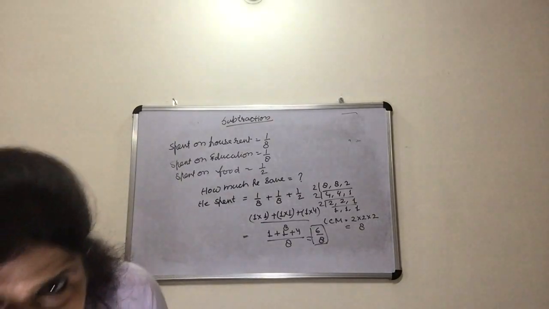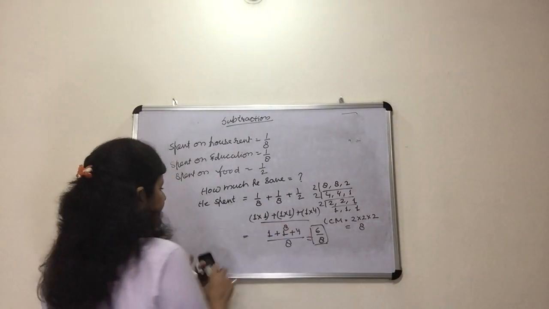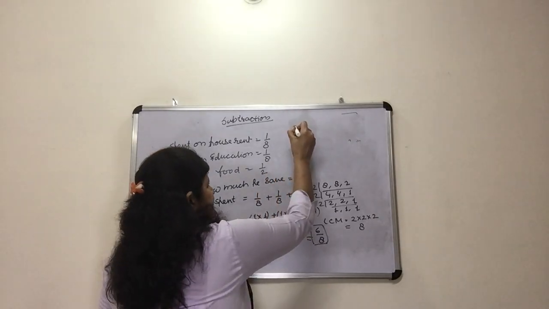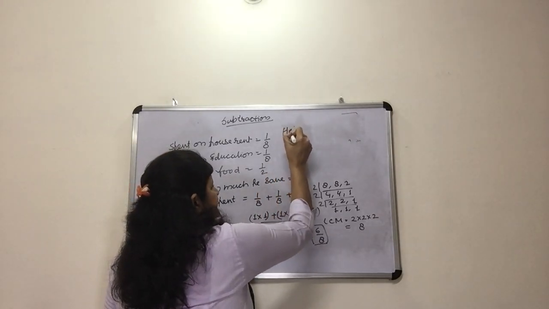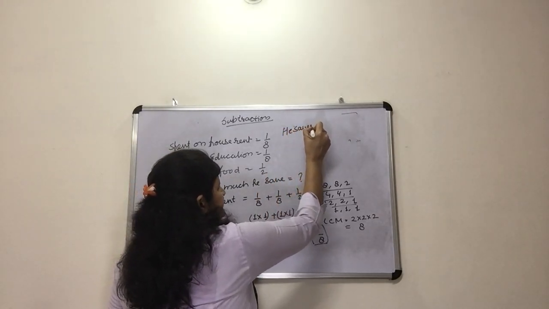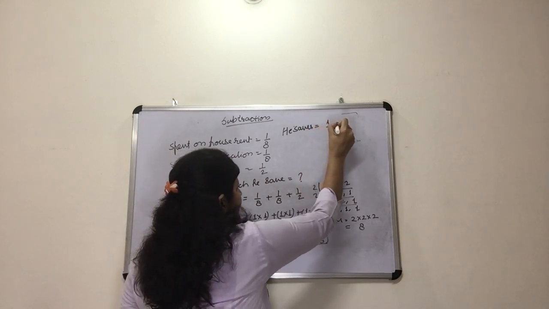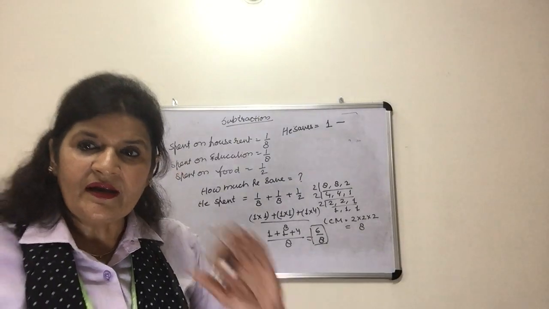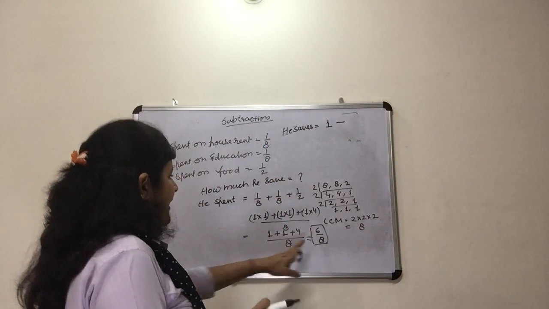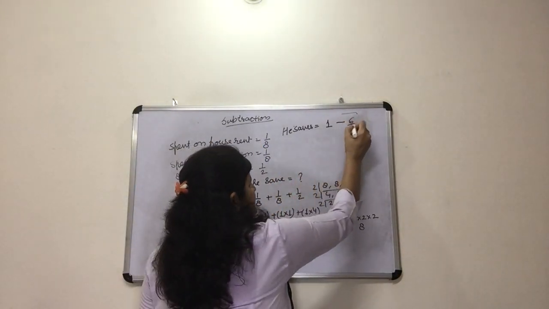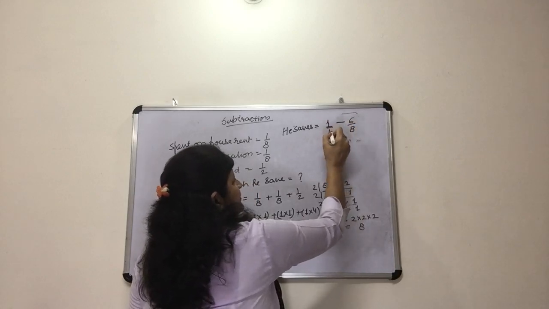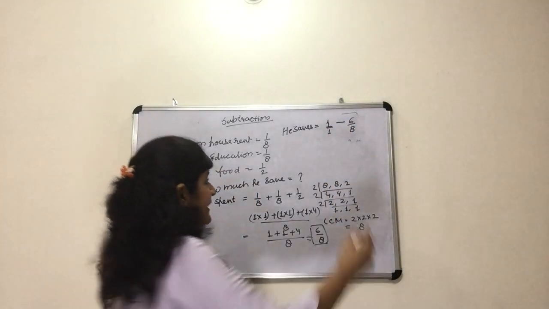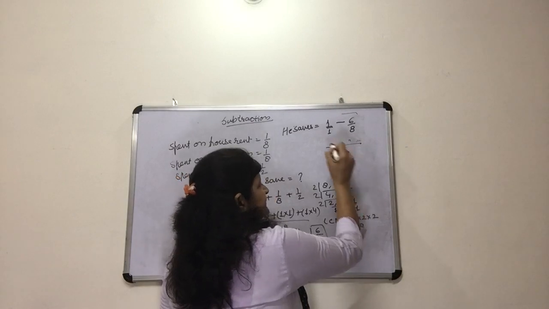So for saving, see what we will do. His income part he saves. His income was 1 whole. Now in this we will just minus 6 upon 8. So this is 1 upon 1. Again we will take the LCM.